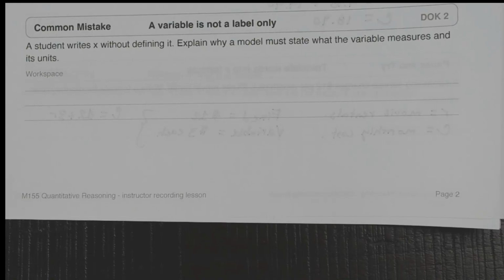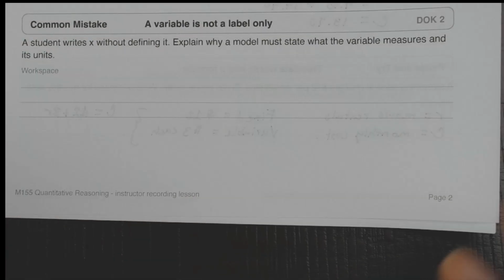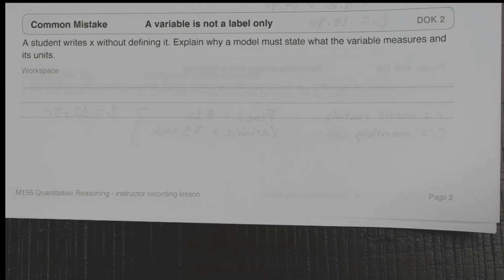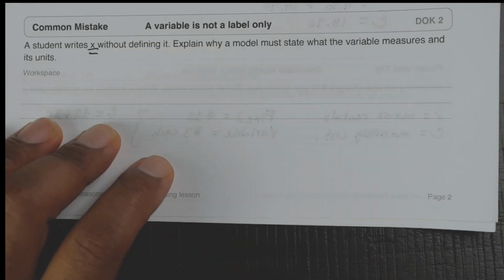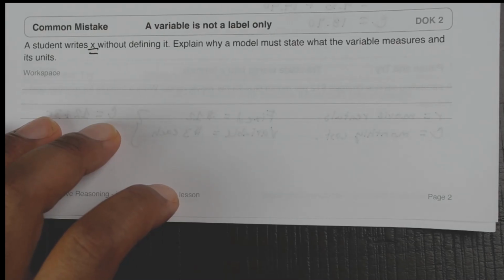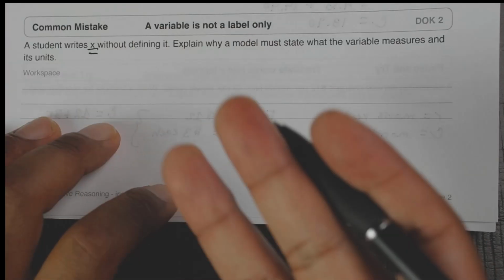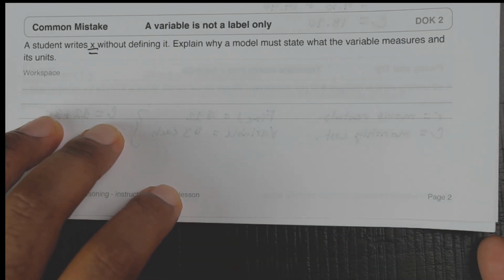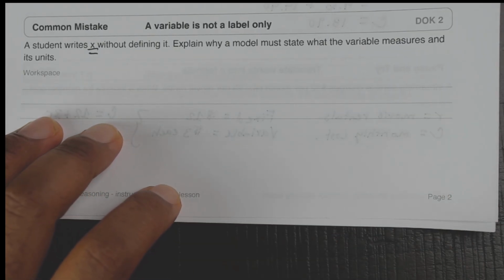A student writes X without defining it. Explain why a model must state what the variable measures and its units. Writing only X does not tell us what that variable represents. A mathematical model should define the quantity and, when appropriate, its units.